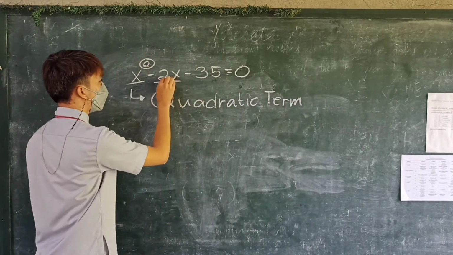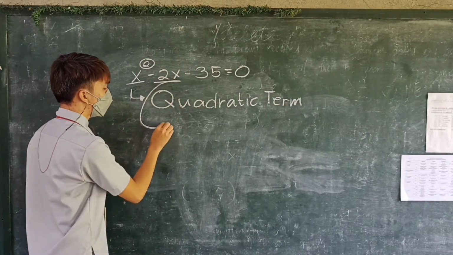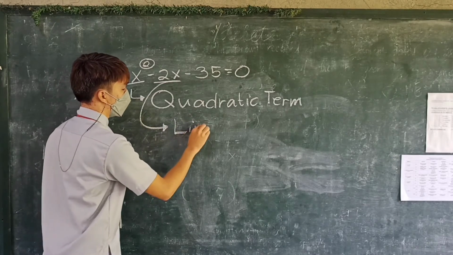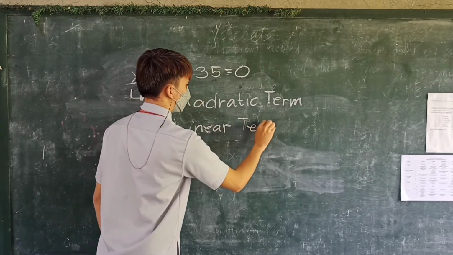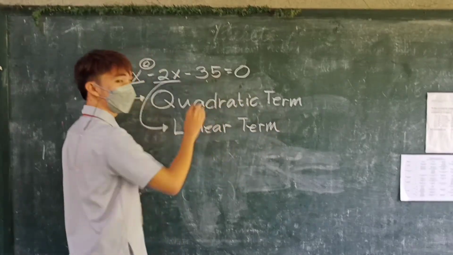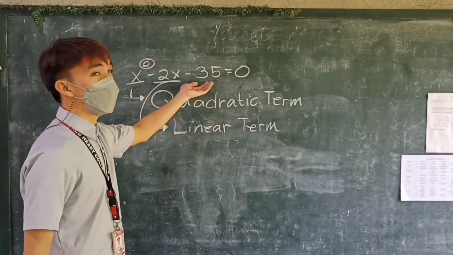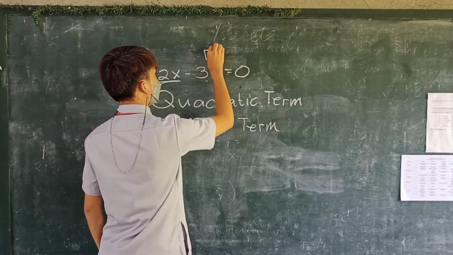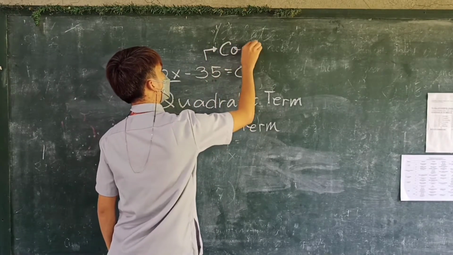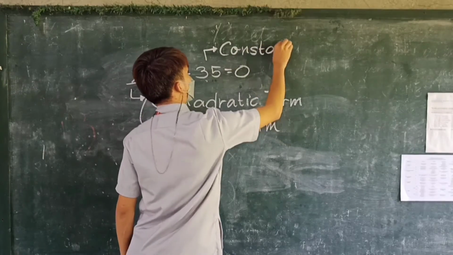And the middle term is what we call the linear term. And the last term without any variable is what we call the constant term, or the constant itself.